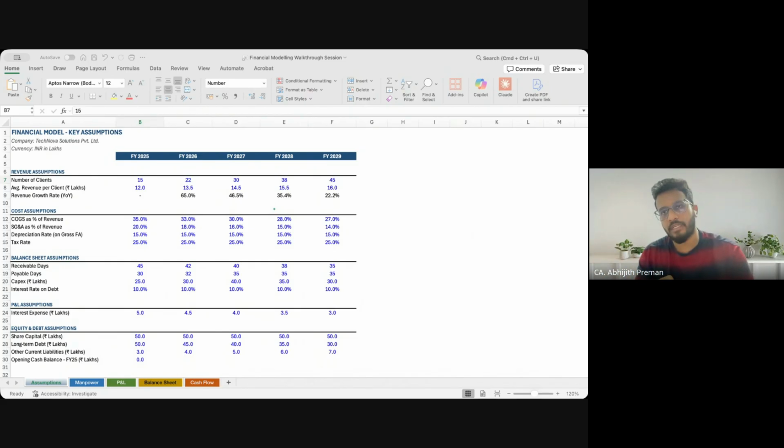Then when 2 becomes 3, it increases by only 50%. So that is the same logic. Even in your business, the percentage of revenue growth may decrease, because the absolute value would be increasing.